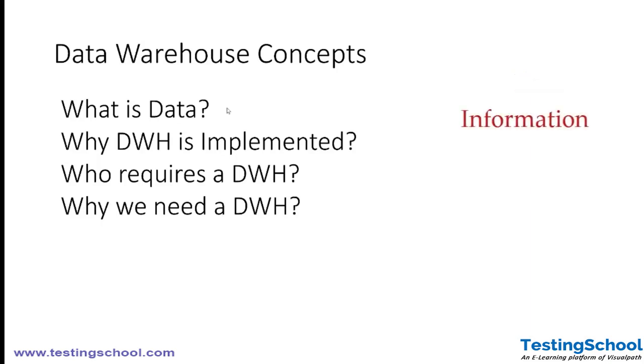Then what is information? Information is nothing but the data which you've received, organized in a meaningful way which has value. That is information. So data is the raw format, information is the organized data with which we can make out the meaning and the value of it, right?